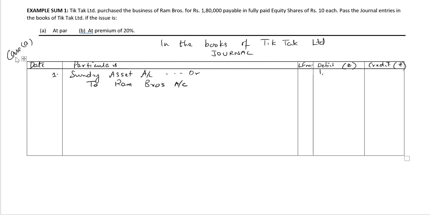The sundry asset which is purchased is 1,80,000 rupees, and the amount payable to Ram Brothers is also 1,80,000 rupees, being the purchase of business of Ram Brothers.